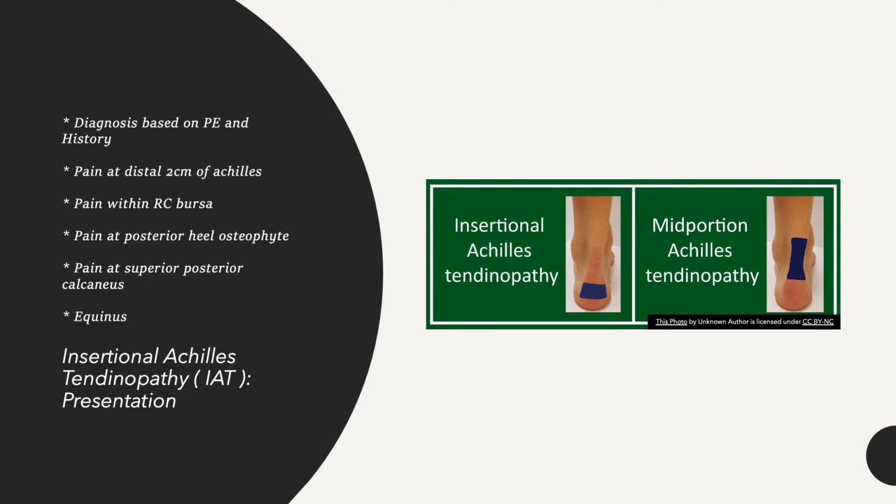They have pain at the posterior aspect of the heel because of the osteophyte, and they may, upon examination, have exquisite pain just anterior and inferior to the retrocalcaneal bursa due to the marrow edema that we see on MR studies. I personally see a high rate of equinus contracture in these patients when I examine them.